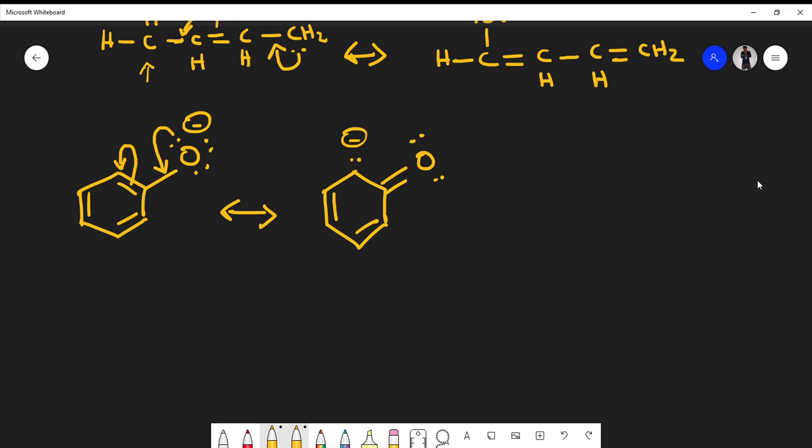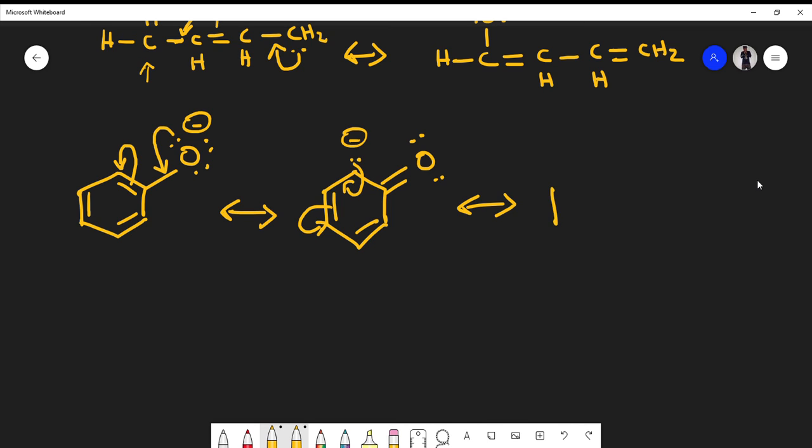It's still negative. Now you might be wondering to yourself, can we actually draw another resonance structure? And the answer is yes. I can take this lone pair and form a double bond in the ring, and I can take this double bond as a single bond and form a lone pair on this carbon.